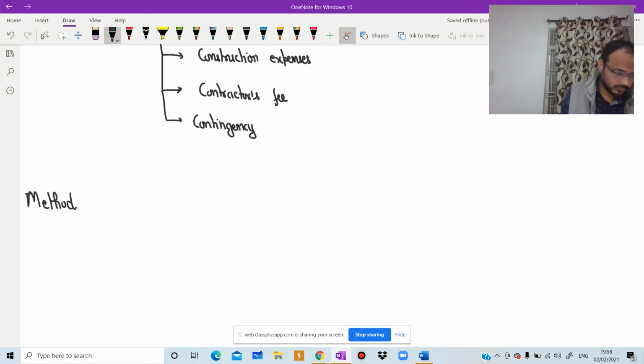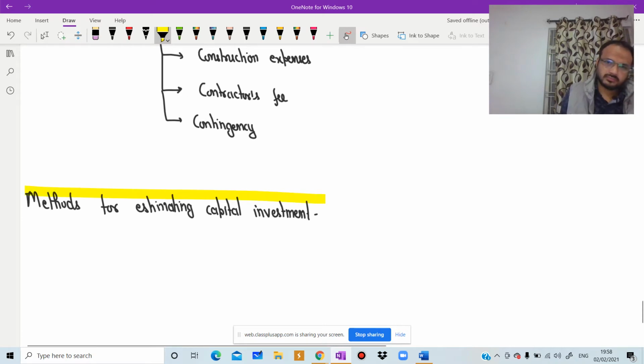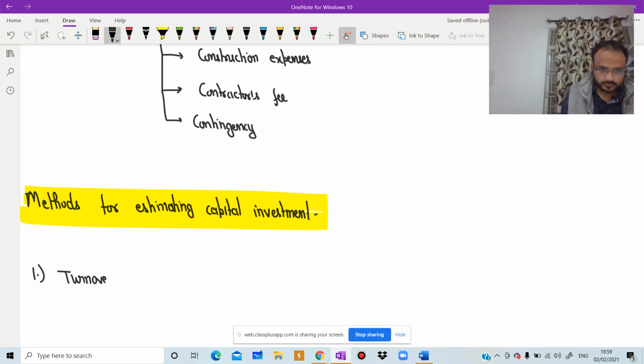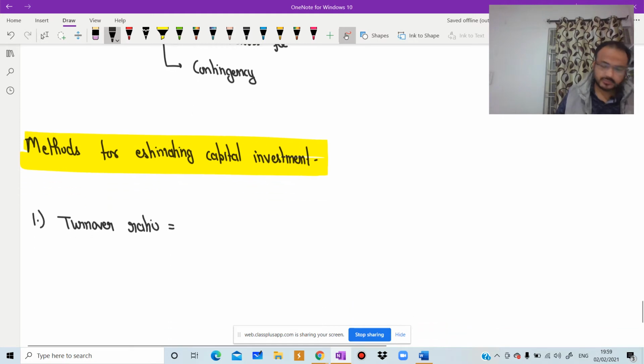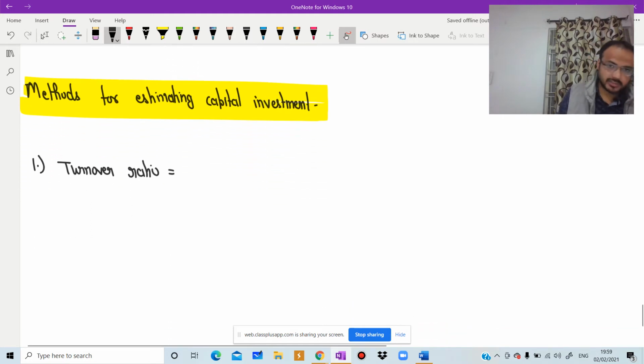Methods for estimating capital investment. Turnover ratio. So we know that it is defined as the ratio of the gross annual sales to the fixed capital investment.